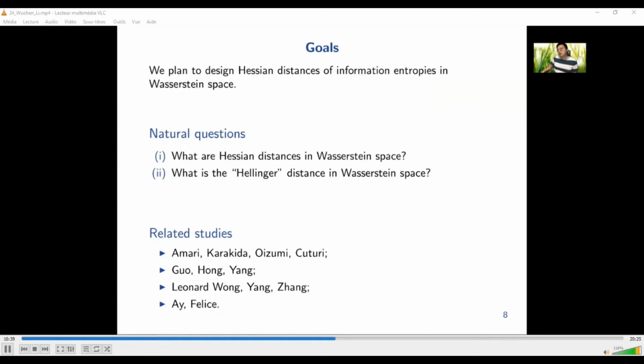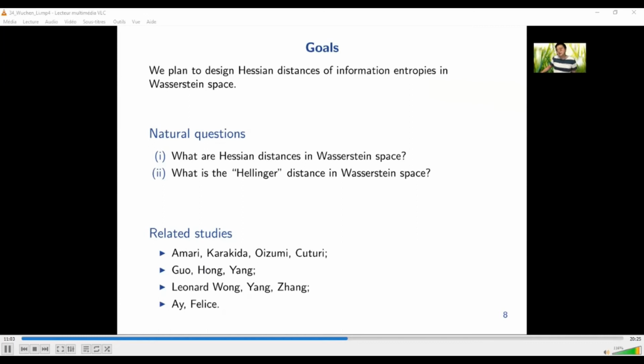Now, to do this, there are a lot of interesting motivations. One of them is that people rarely use the L2 distance to measure two densities, because the L2 distance is somehow not that simple in the sense that it is asymmetric, which is very important in probability, and that property is not there, right?